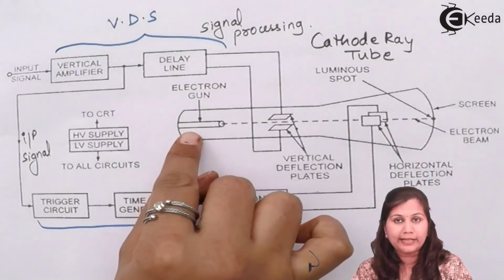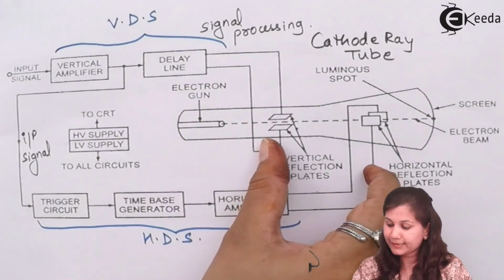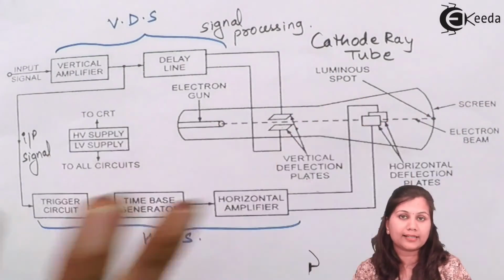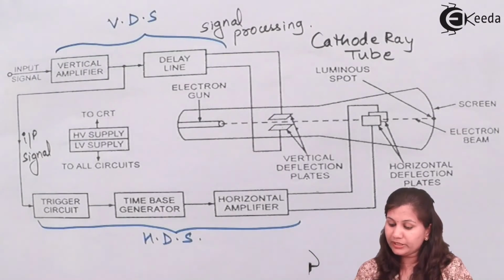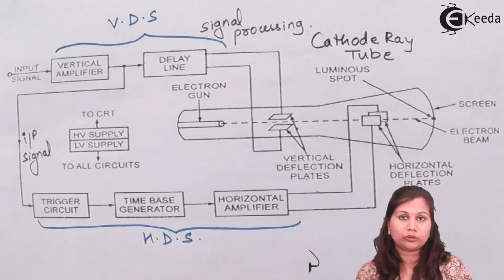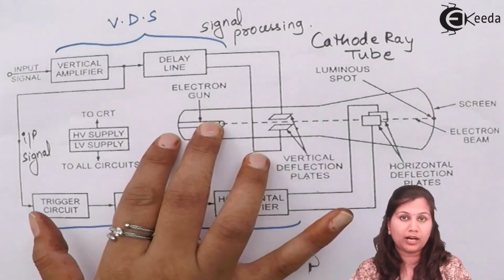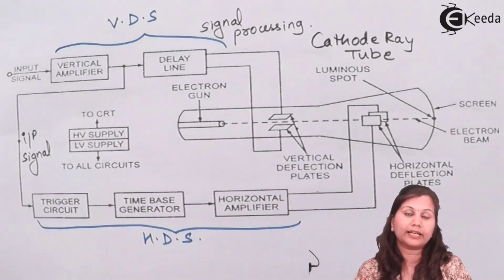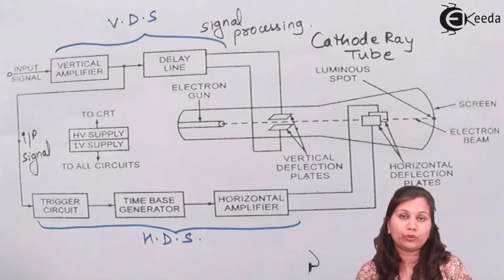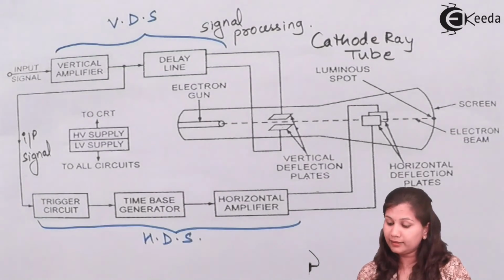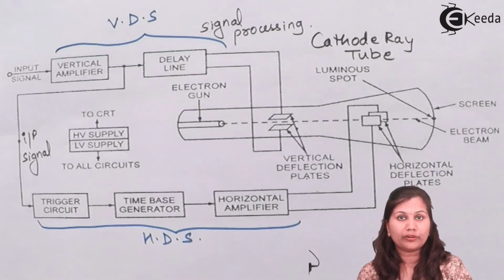CRT consists of the electron gun, the deflection plate system, phosphorus screen, and the glass envelope. Further, we also studied in detail the various parts of the electron gun, in which we studied the heater, cathode, the three types of anodes, accelerating, pre-accelerating, and focusing anode, and we studied the control grid.